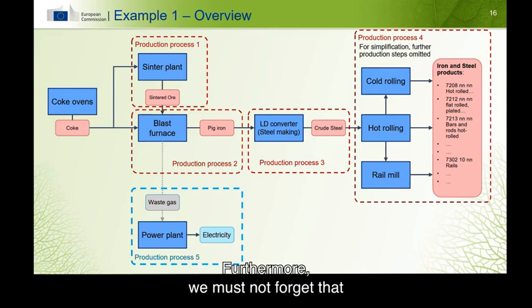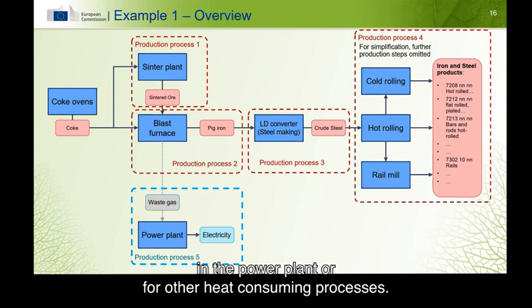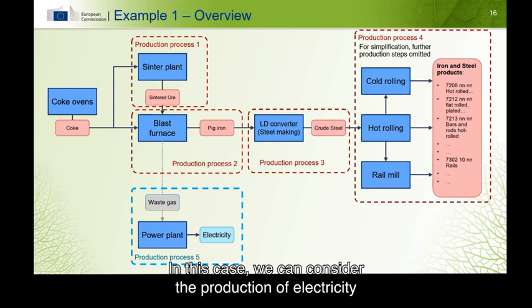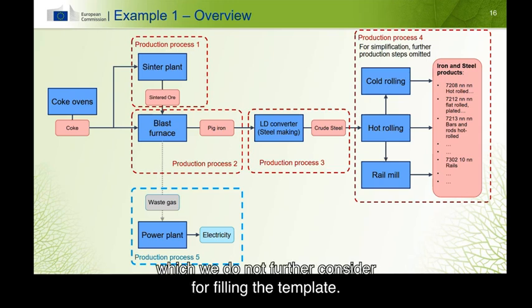Furthermore, we must not forget that in such installations, usually the waste gases are used in a power plant or for other heat-consuming processes. In this case, we can consider the production of electricity as a virtual production process, which we do not further consider for filling the template.